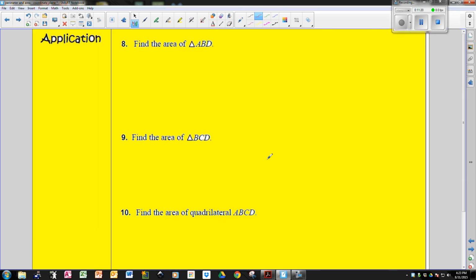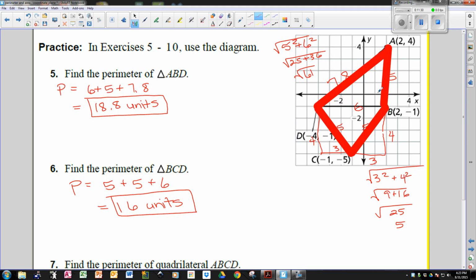Okay, and then the next one. Now they want me to find the area of triangle ABD. So remember, the area of a triangle is base times height over 2. So if I go back here and look at triangle ABD, I'm going to delete these dark lines.